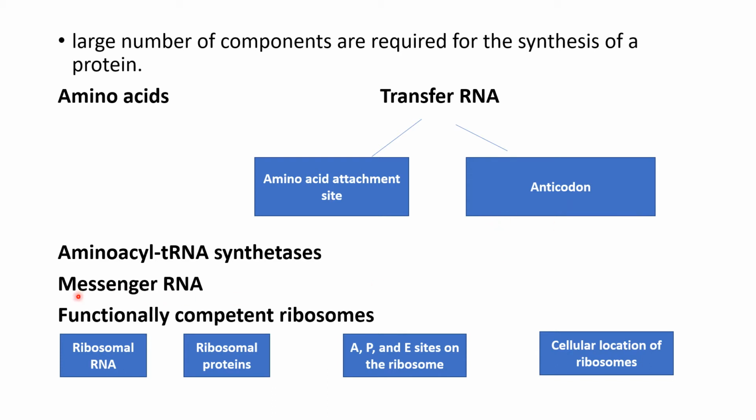So the codon present on the messenger RNA is always read in the 5 prime to 3 prime direction, while the anticodon, which is present on tRNA, is read in the 3 prime to 5 prime direction.